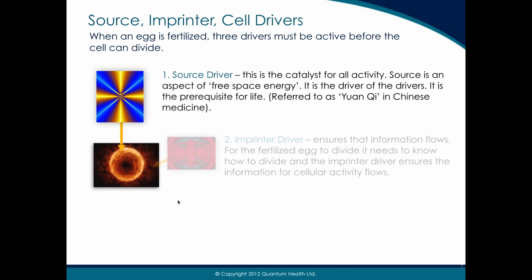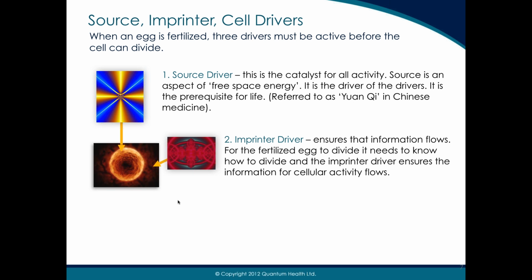For acupuncture people, it's like the Yuan Qi in the Chinese medicine. The imprinter is that the fertilized egg needs to be divided, and it needs the information how to divide. So the imprinter drivers ensure the information for that cellular activity flow. So that's the imprinter responsibility.